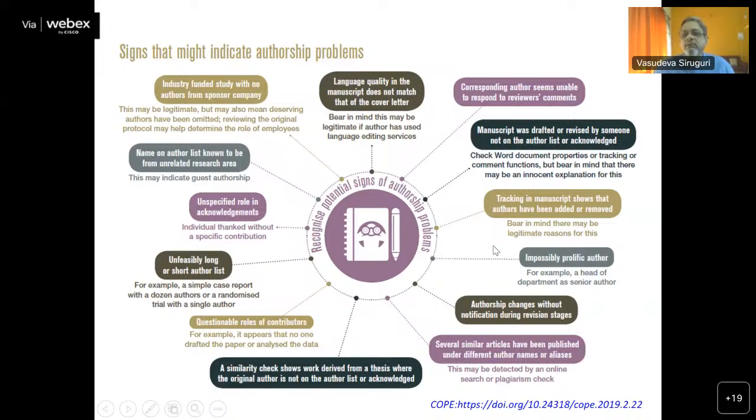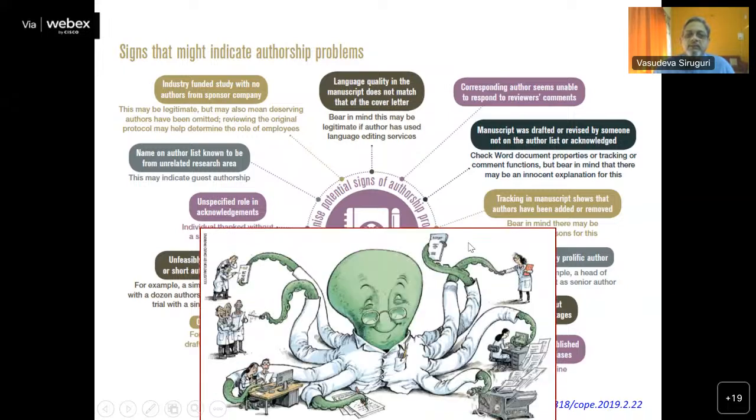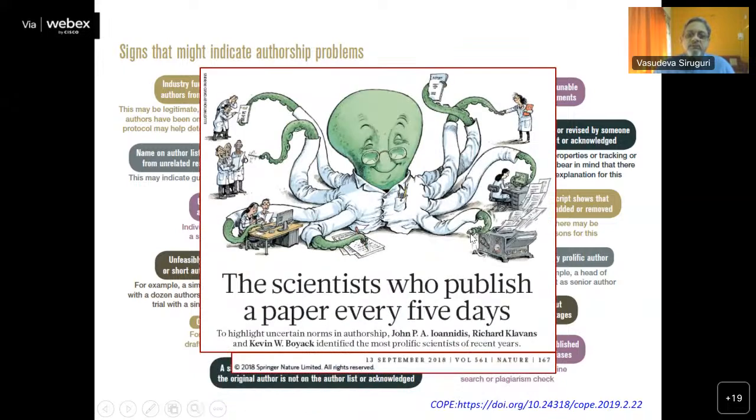In this regard, some time ago, there was a comment published in the journal Nature, where they made an analysis and found out who are the most prolific authors. They found that there are people who publish more than 70 to 80 papers per year, which means they bring out a paper every 5 days.